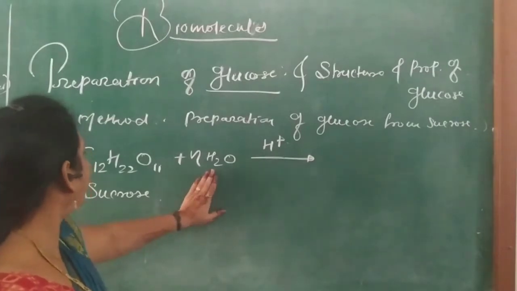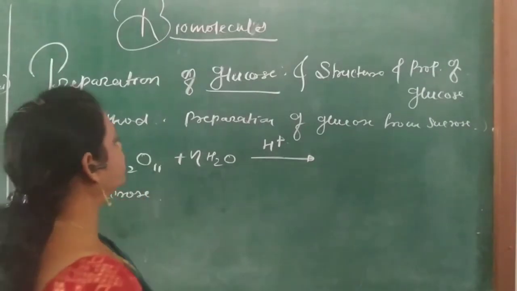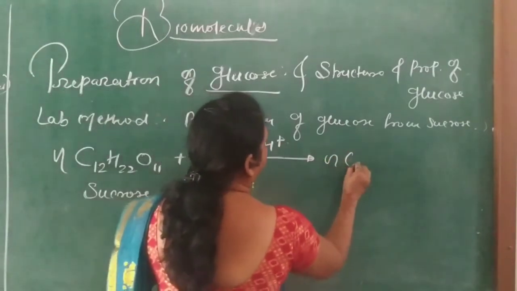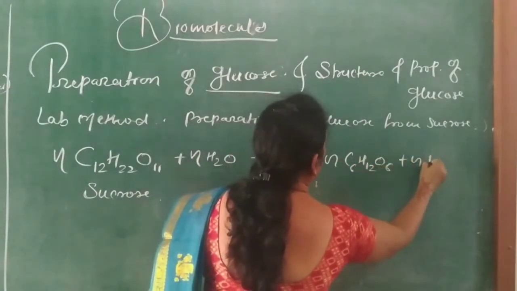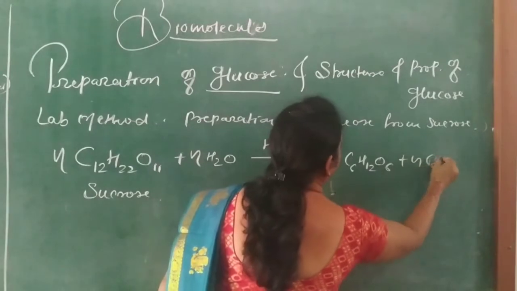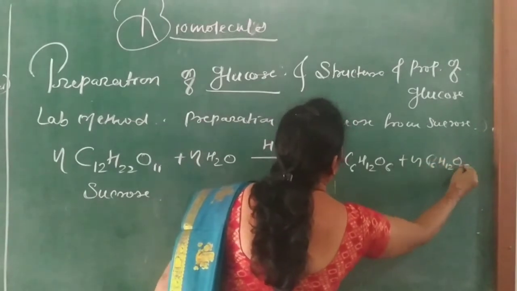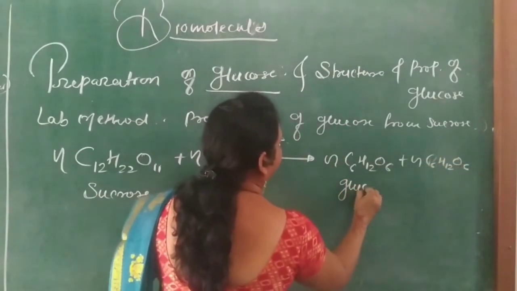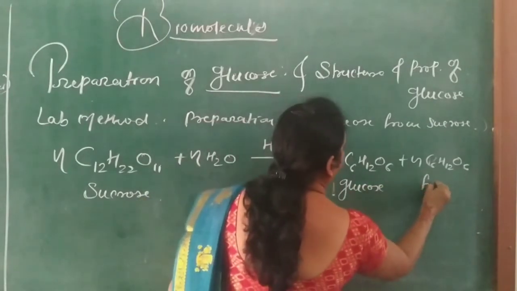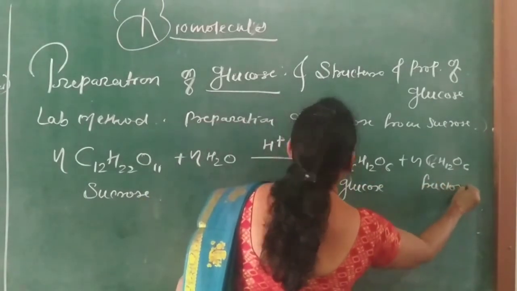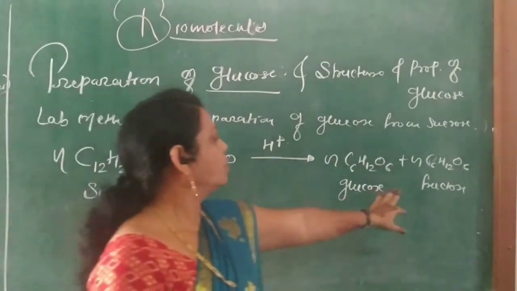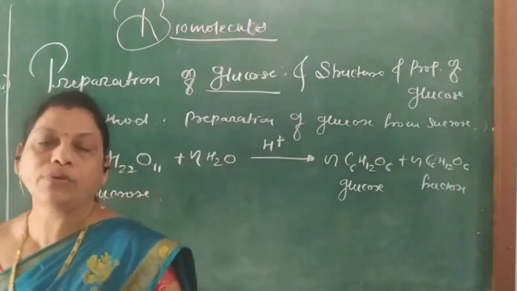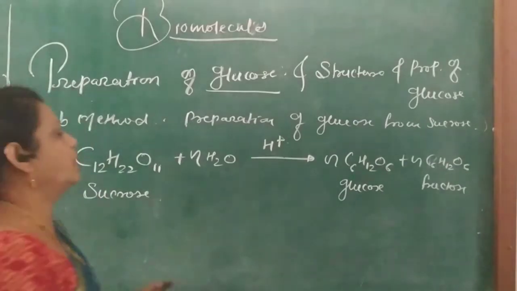After hydrolysis, it gives n times C6H12O6 plus n times C6H12O6. One is glucose, whereas the other is fructose. Means sucrose on acid hydrolysis gives glucose and fructose in equimolar quantity.